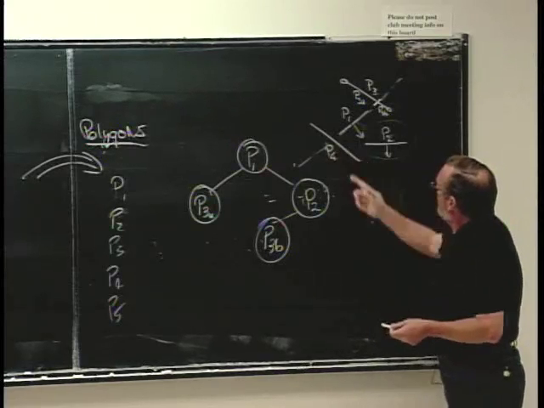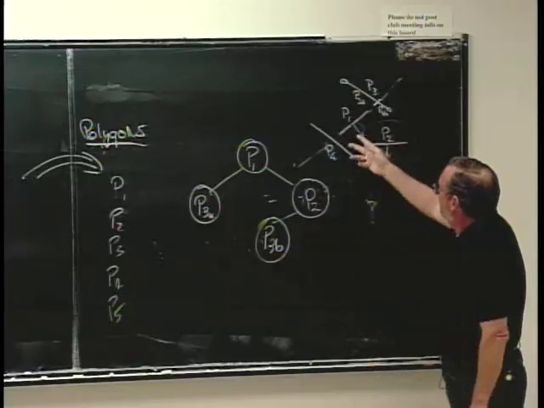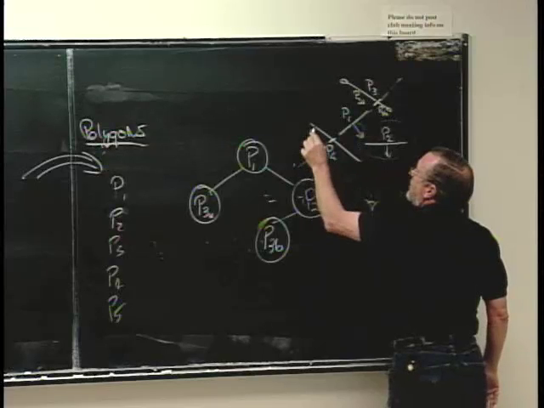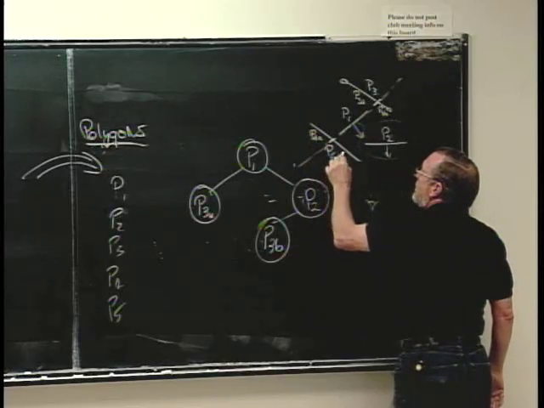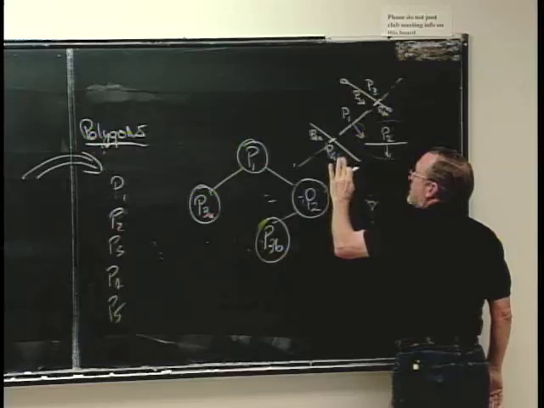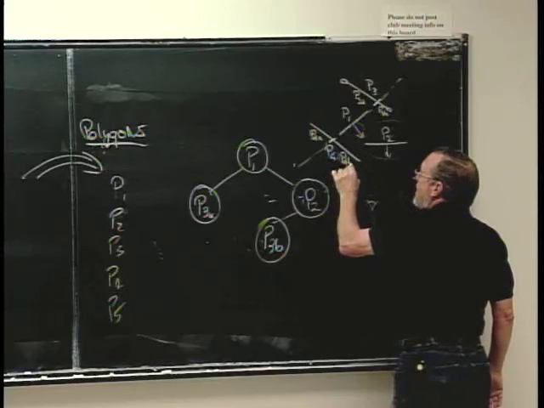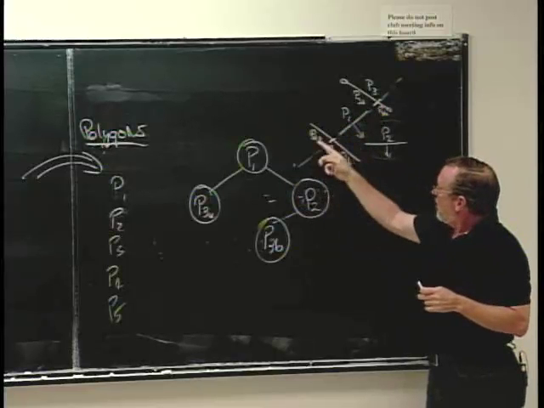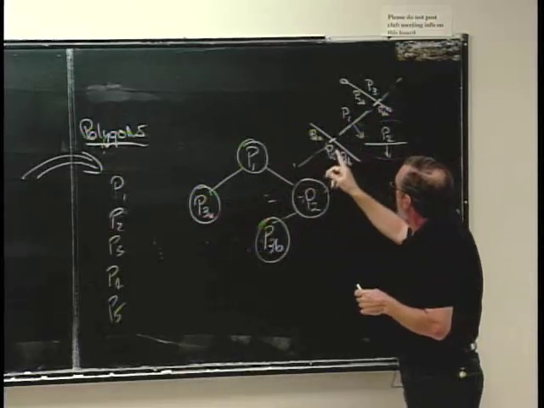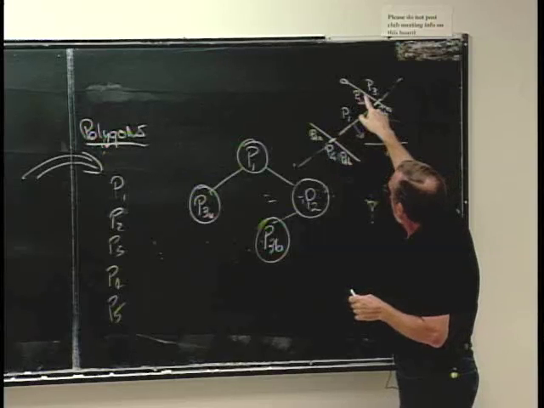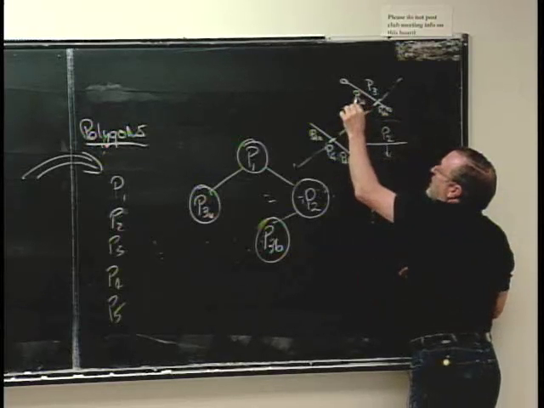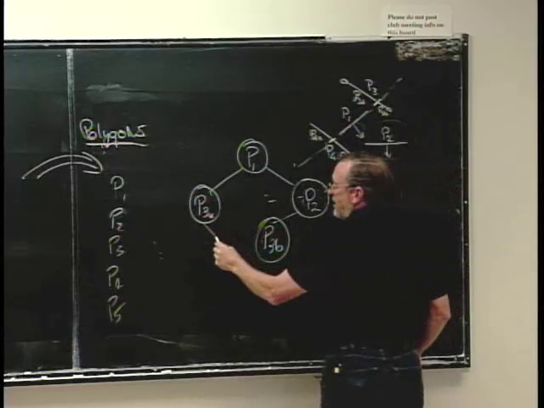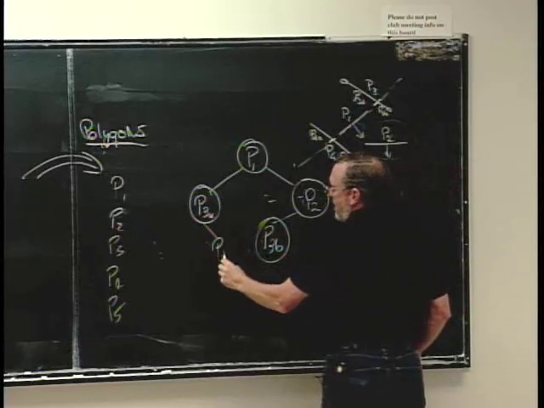And P4 out here, oh my God, P4 splits. So I have P4A and P4B. If I split P4 along the plane of P1, P4A goes down the left side of the tree, but now it has to look at P3A, and it happens to be in front of P3A, so P4A goes here.